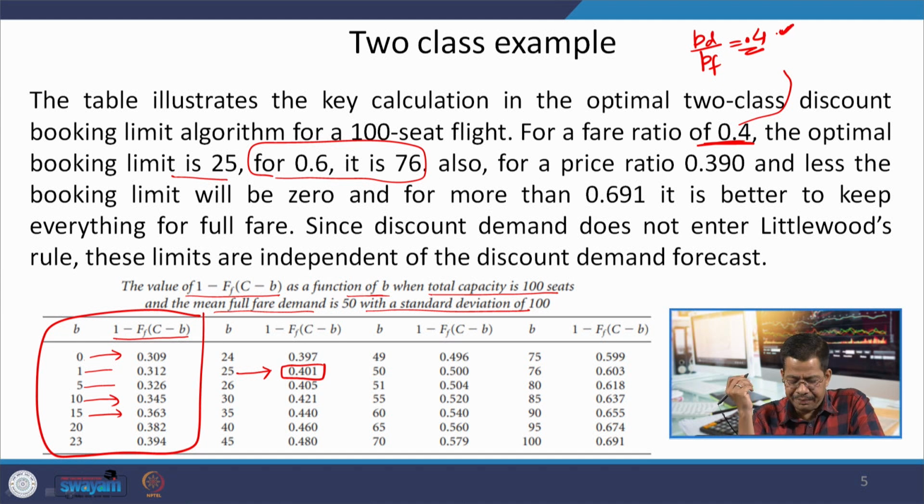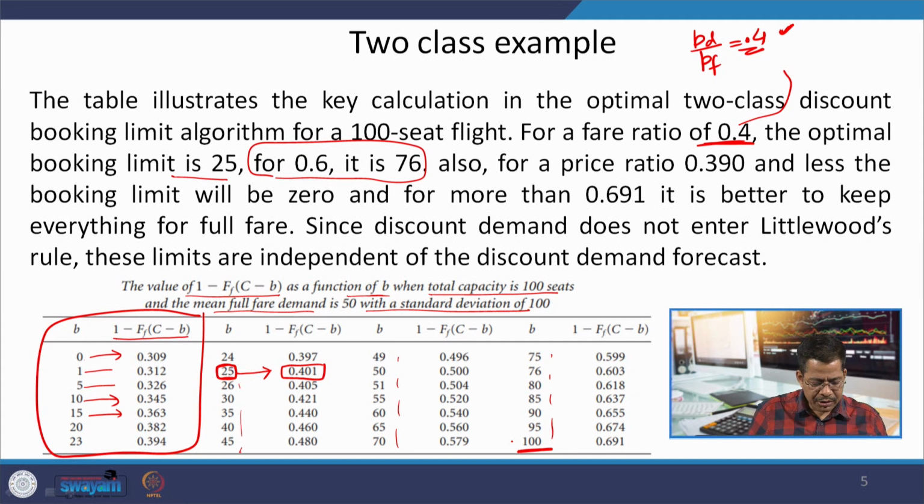So, if my Pd upon Pf is equal to 0.4, my booking limit should be 25, and the protection level correspondingly for the higher class should be equal to 75. You further increase B, and we have done this calculation up to B equals 100.